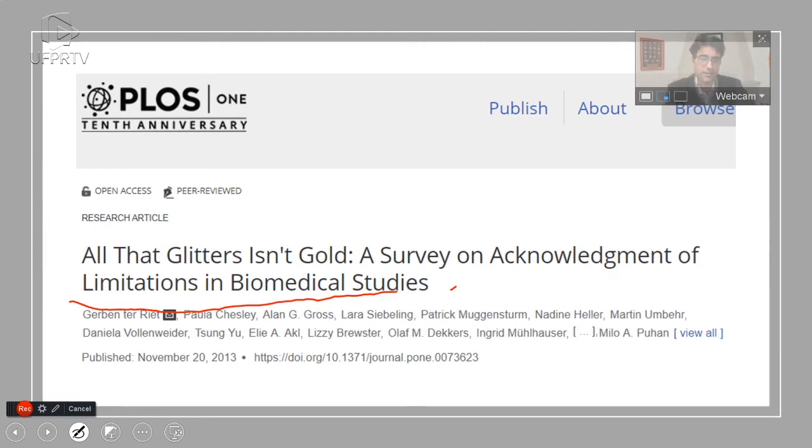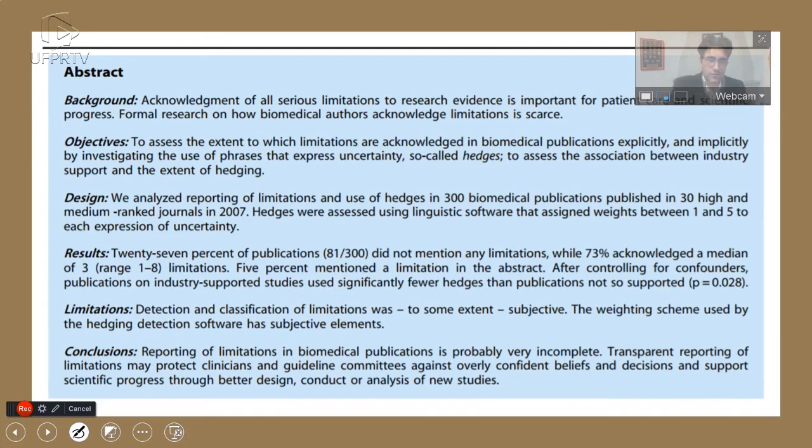And in this study, in the abstract, you have another structured abstract, and they actually have limitations. Even in a study about limitations, you have, in the abstract, a section of limitations. And they talk about how it was subjective to some extent, and the weighting scheme used by the hedging detection software has subjective elements.